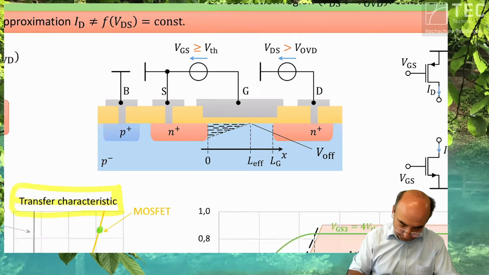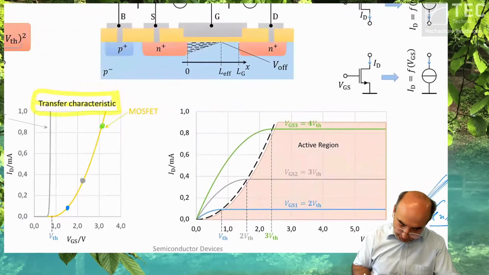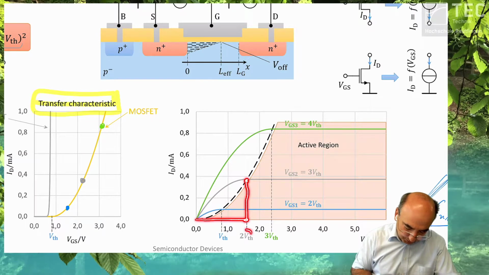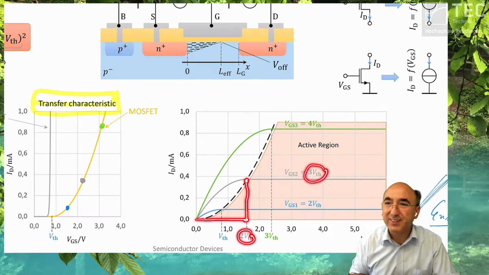This means that if you apply at the drain a larger voltage, the overdrive is one threshold less than the drive voltage.